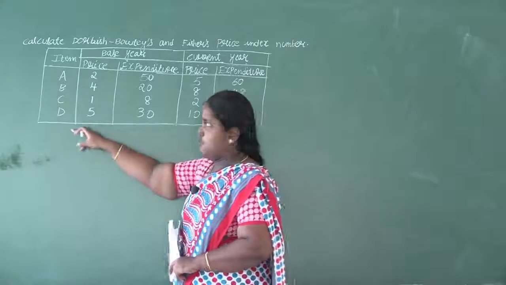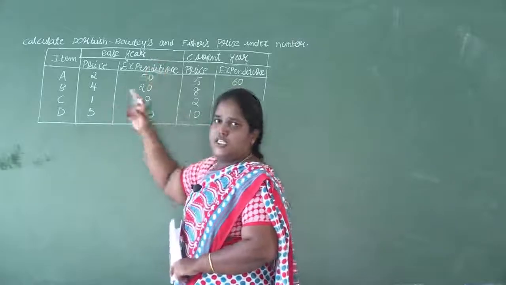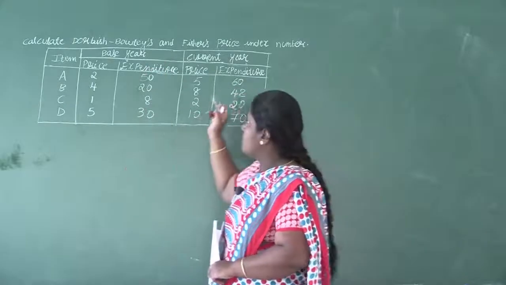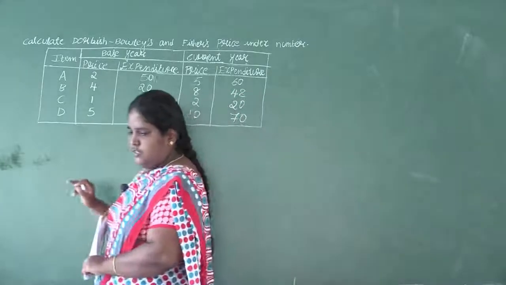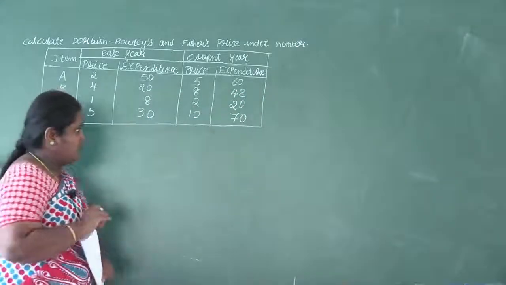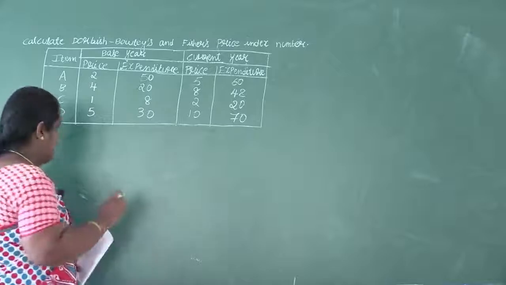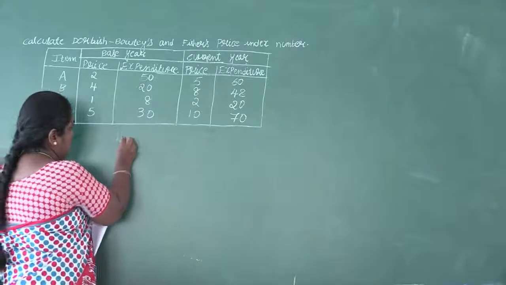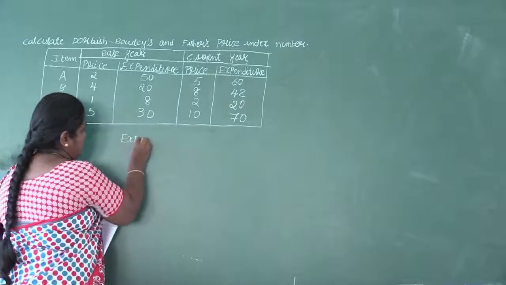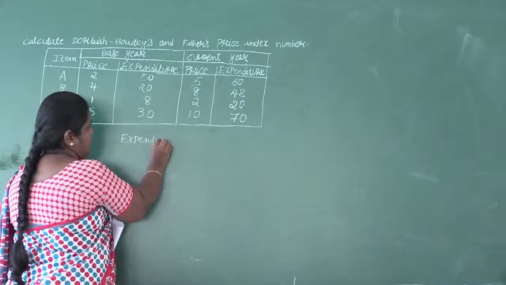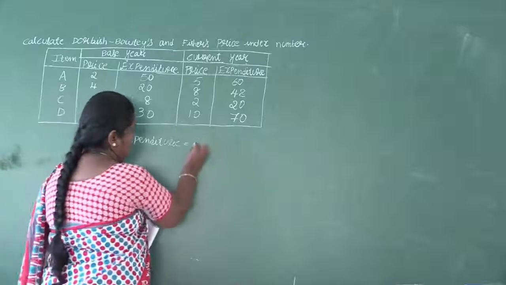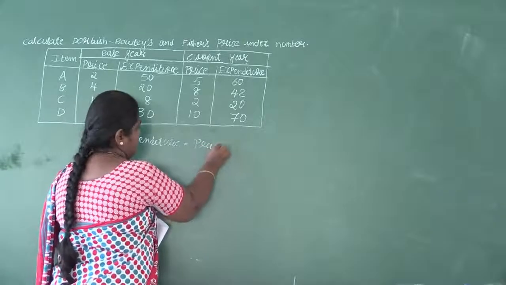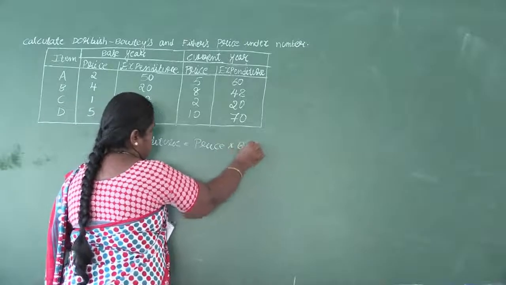Items we have up to D. Base year price and expenditure are given. Current year price and expenditure are given. In the first class, when we began with index numbers, I said expenditure is nothing but price into quantity.